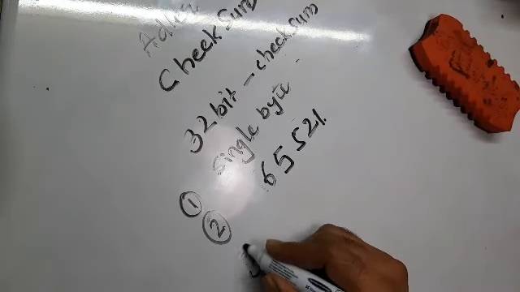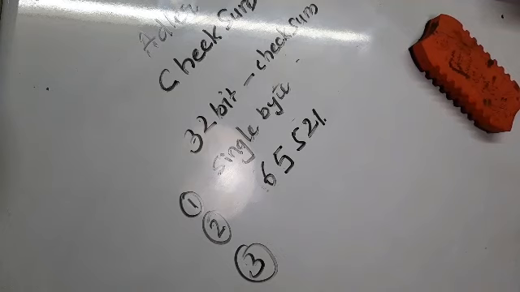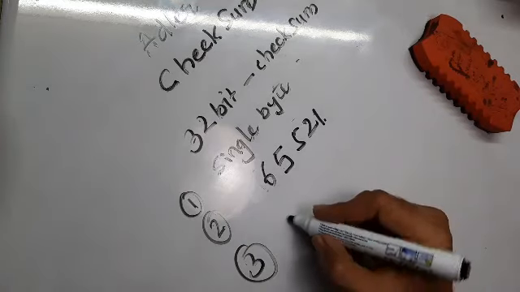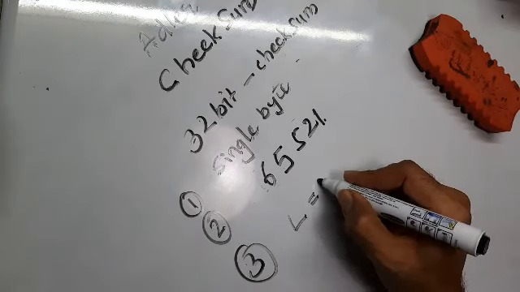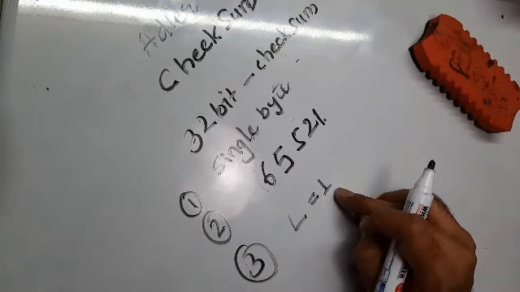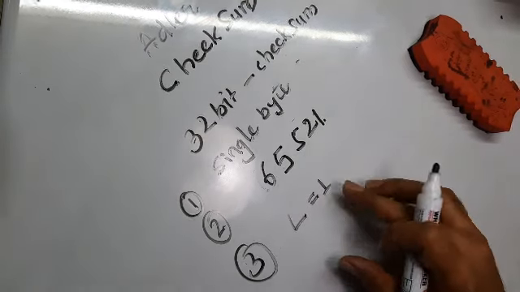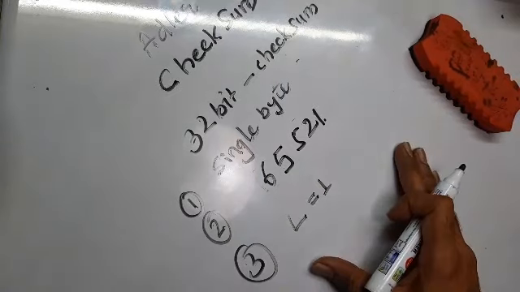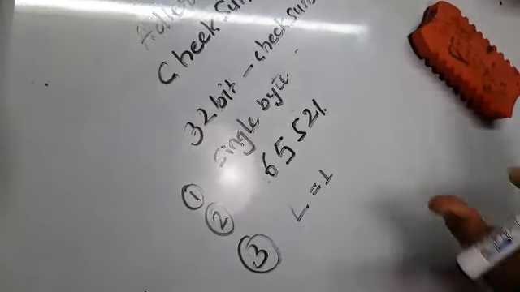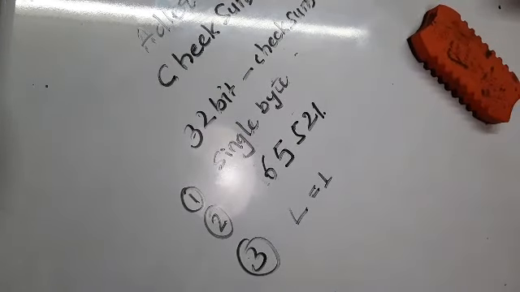The third difference is that L is initialized to 1 instead of 0 in this case, because we are using a prime number over here. These are the three differences between Adler checksum and Fletcher checksum. I hope it is clear.